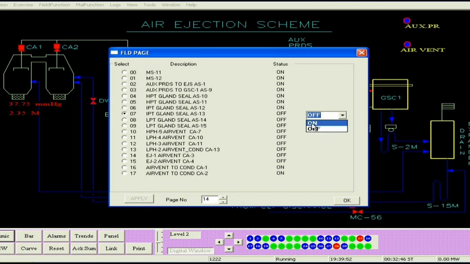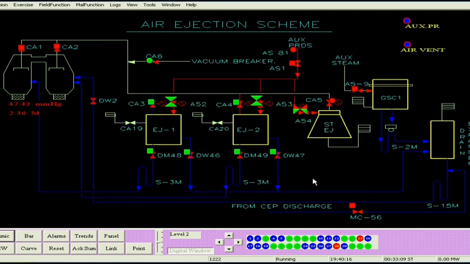So we open all the sealing valves so that the steam is supplied to the seals, so that even if this steam goes into the turbine, it will not come in contact with air. Okay, now we see that the vacuum will be increasing at a faster rate.